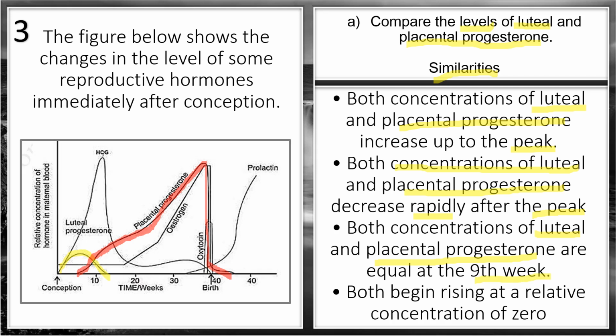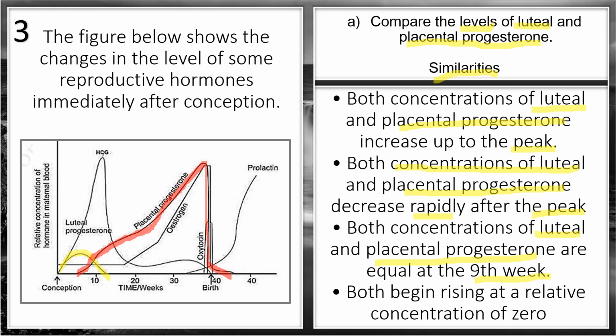When you look at the 9th week, around here, they are equal. This is lutein. It comes and meets with placental progesterone. They are the same concentration.